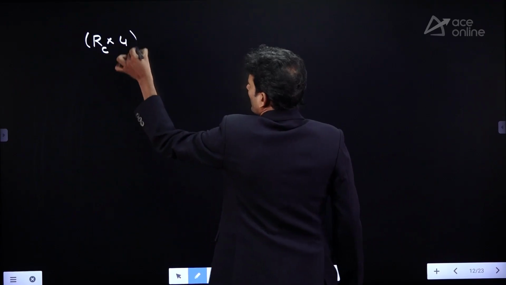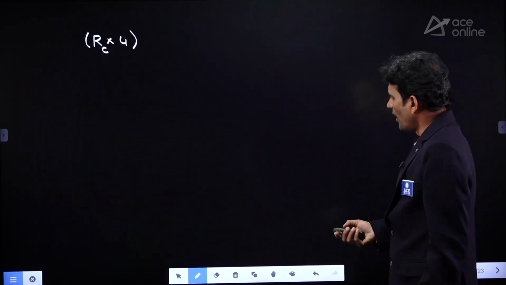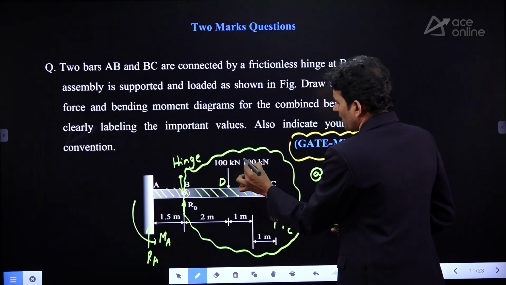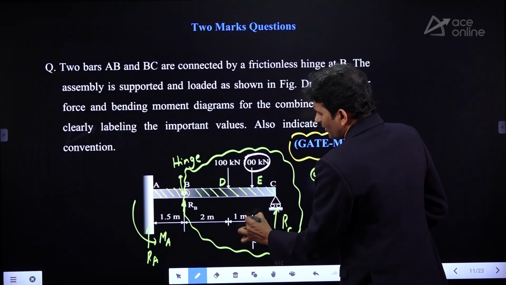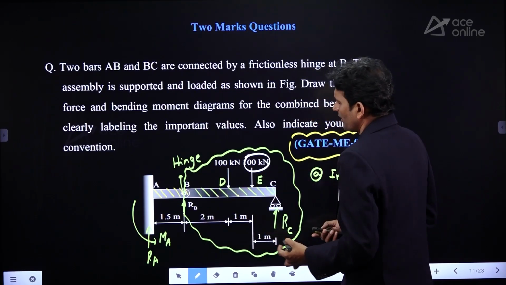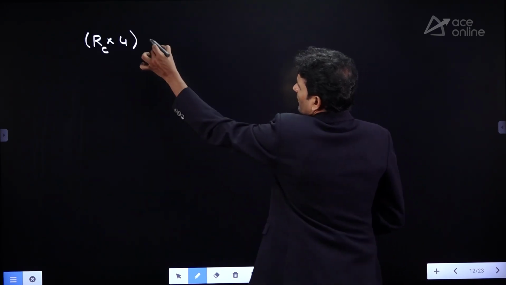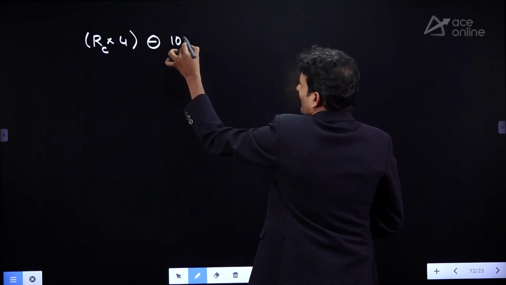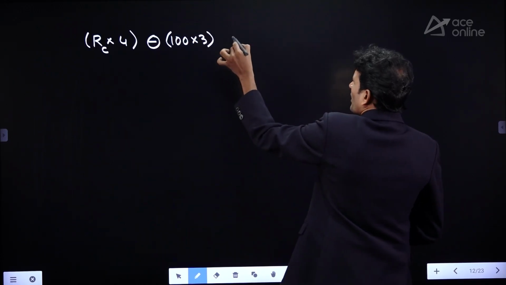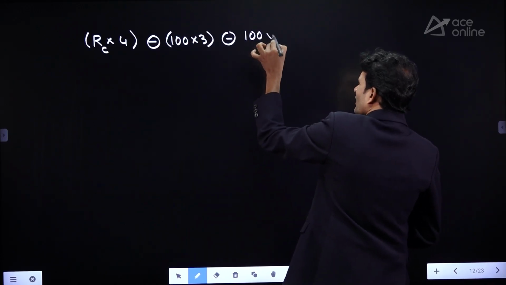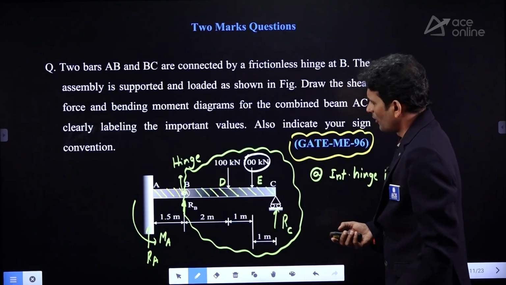4. Very good. Then as I move on from C to E, here we observe 100 kilonewtons. This is giving a hogging effect. What is the distance from here to here? 3 meters, minus 100 into 3. Good. Then one more 100 is there. That is also giving the hogging effect. How much is the distance here?